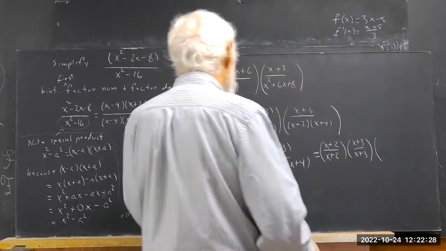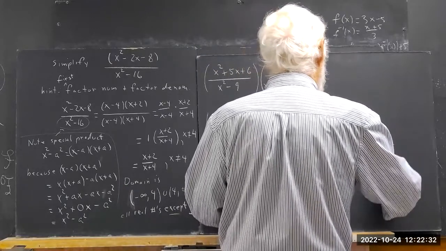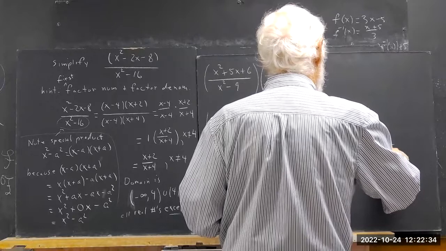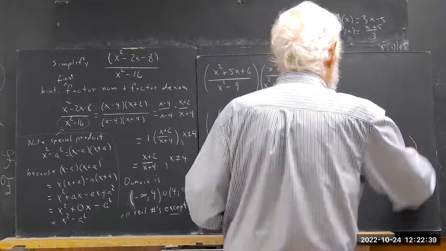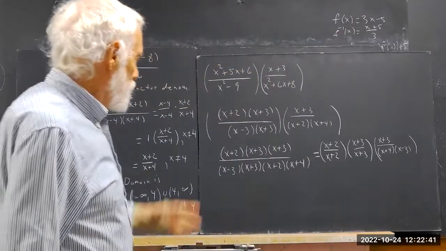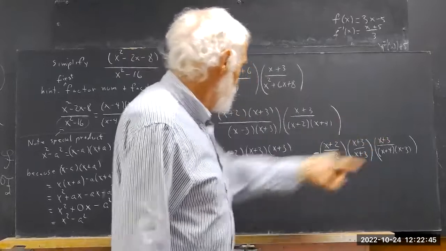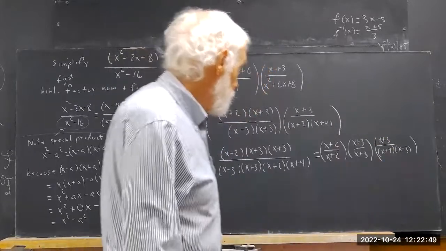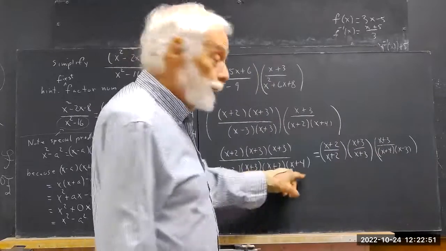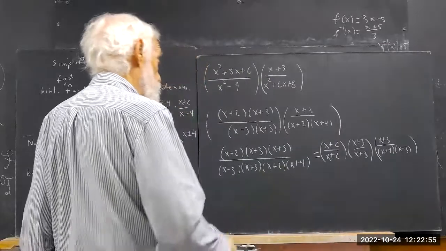And then we can write out the other x plus 3 in the numerator and the x plus 4 and the x minus 3 in the denominator. Clearly, this is equal to this because if you multiply these numerators, you get this, this, and this. And if you multiply these denominators, you get this, this, this, and this. They're in different order, but that doesn't make any difference in multiplication.